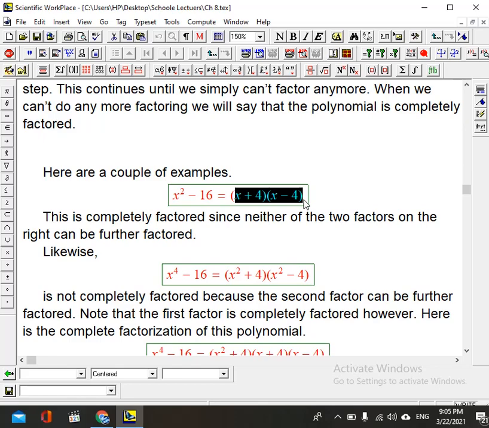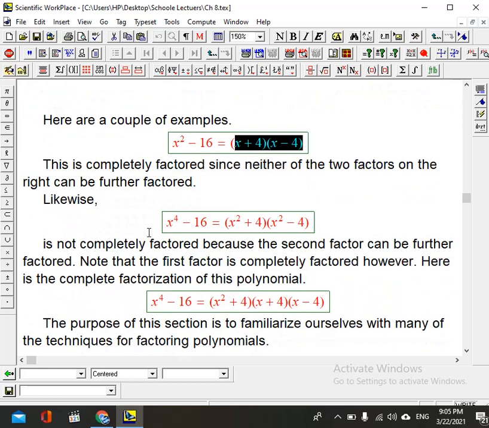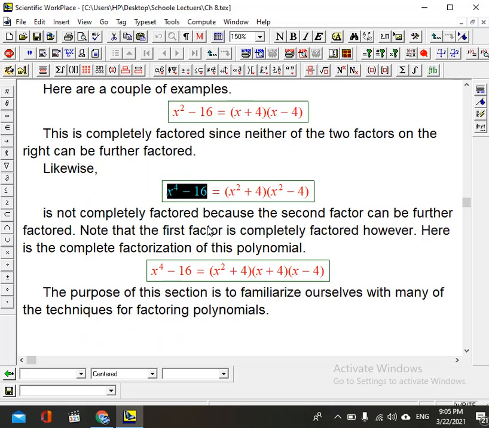Good. This is complete factoring. But if I give you x to the power 4 minus 16, using the same difference of two squares formula, x squared plus 4 and x squared minus 4, it is a factorization, but not complete factoring. Why?